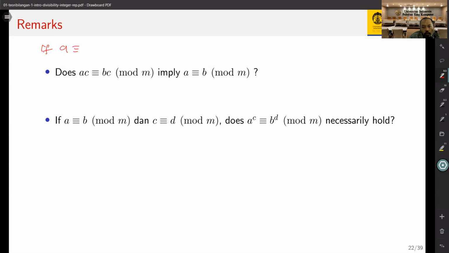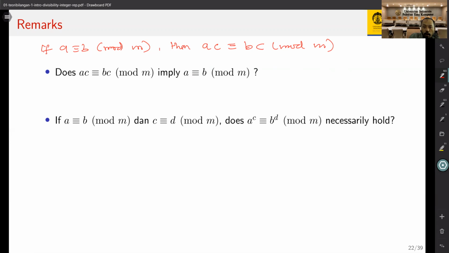If A is congruent to B modulo M, then obviously AC is congruent to BC modulo M, right? Why? Because C is congruent to C modulo M, so we could apply the previous theorem.